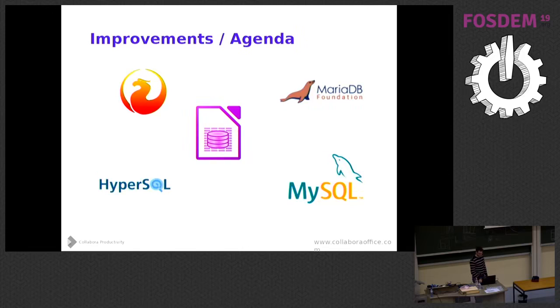And also, the third topic is about the MySQL connector. With LibreOffice, you can connect to MySQL and MariaDB not only with JDBC, but with the native connector as well.